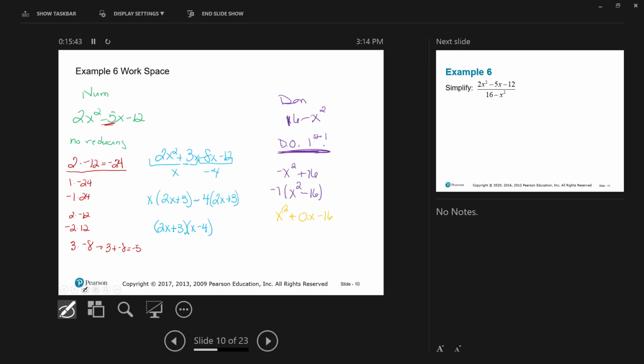Remember how we spoke about that in class? So what two numbers will multiply to negative 16 and add to the 0? Yes, x squared plus 4x and minus 4x minus the 16.